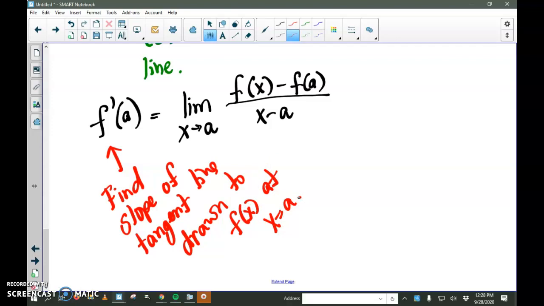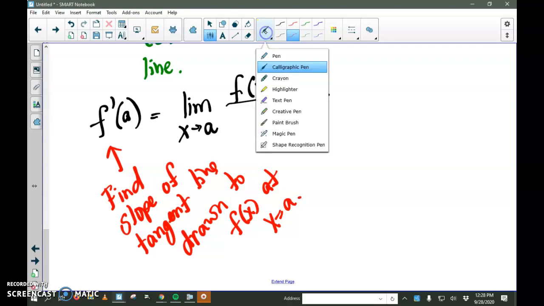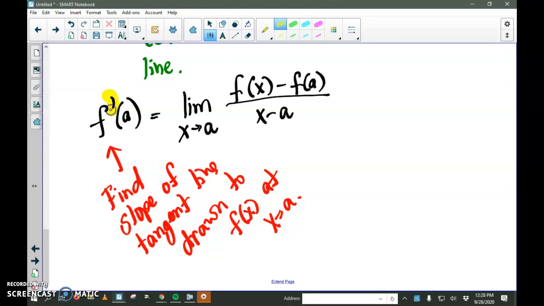This f prime, this prime is this notation right here, which looks like an apostrophe. So this is written as f prime of a. And that says find the slope of the tangent line drawn to f of x at x equals a.